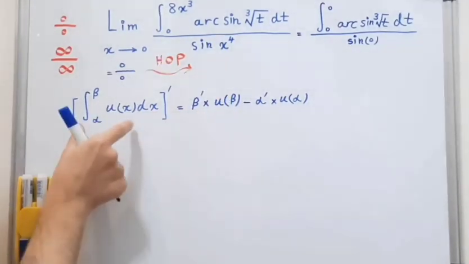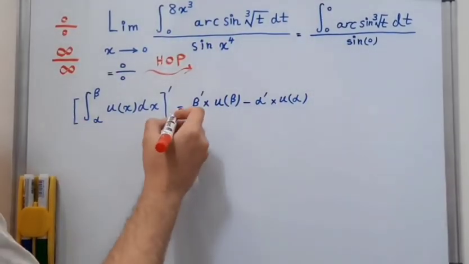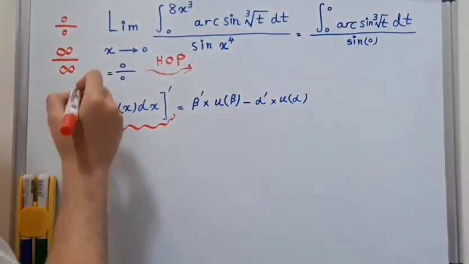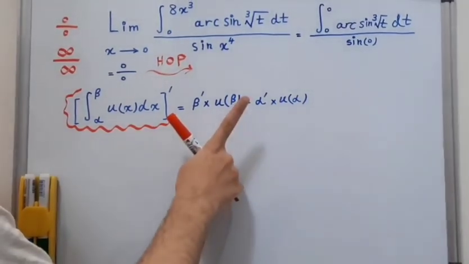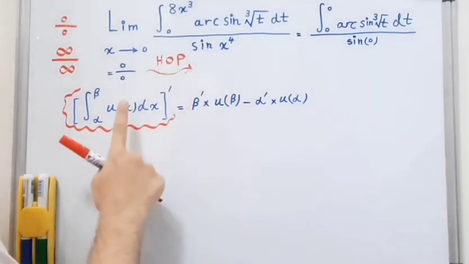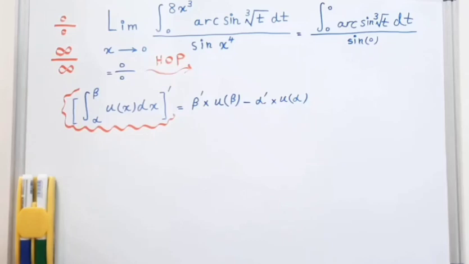This is the L'Hopital of the integral. This is so important, and in my opinion, this formula is so important. And this beta that we put instead of x means that we put the value of beta instead of x in the expression.